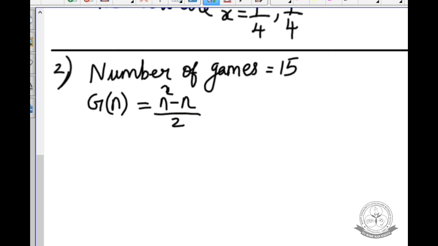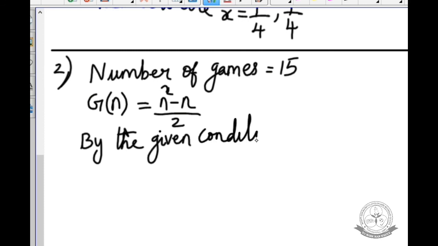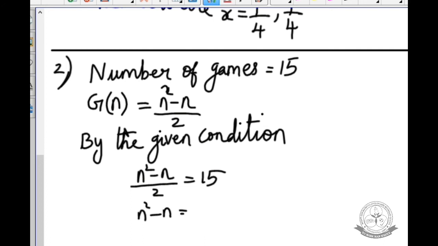So by the given condition, the number of games is 15. So we have n squared minus n divided by 2 equal to 15. Cross multiply, n squared minus n equal to 30.